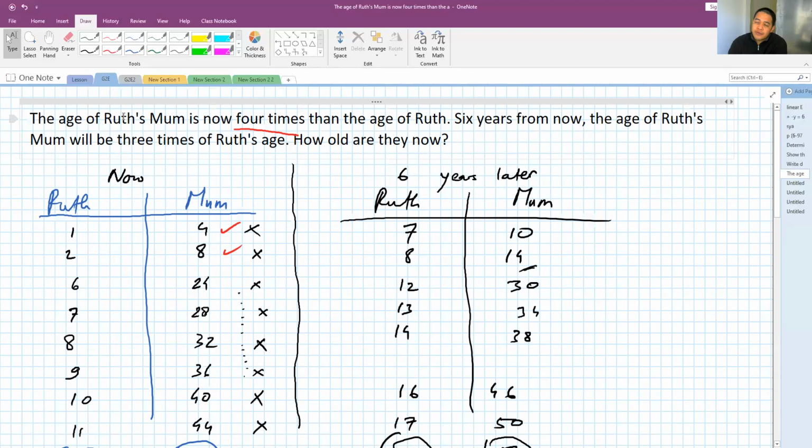The age of Ruth's mom is now 4 times the age of Ruth, and then 6 years later, the age of Ruth's mom will be 3 times. It's quite difficult actually to translate this kind of mathematical information into a mathematical equation. So I don't think introducing X or Y from the very first time is the best choice.